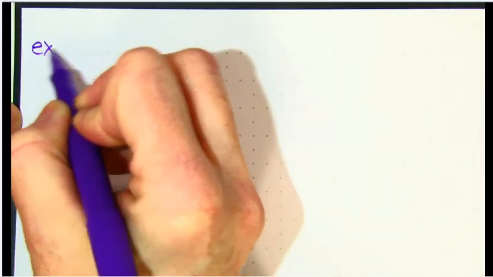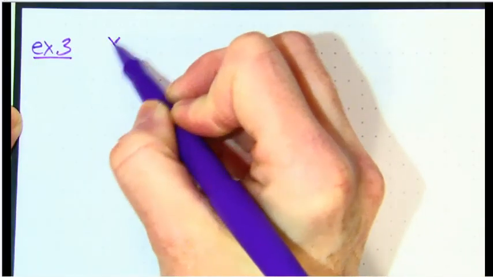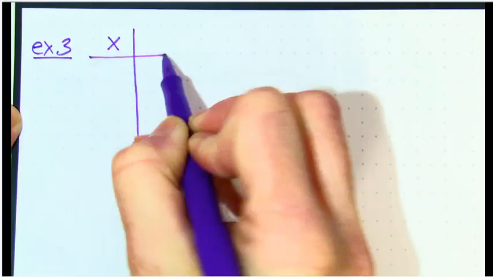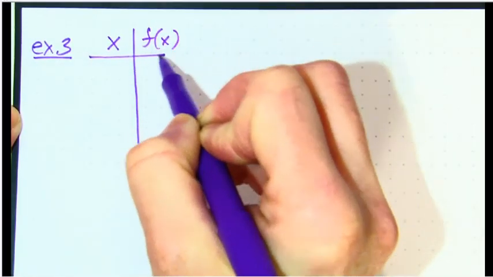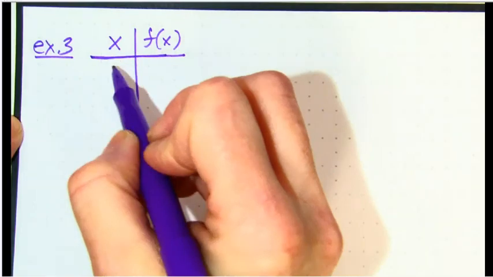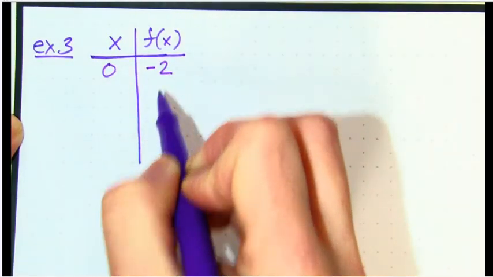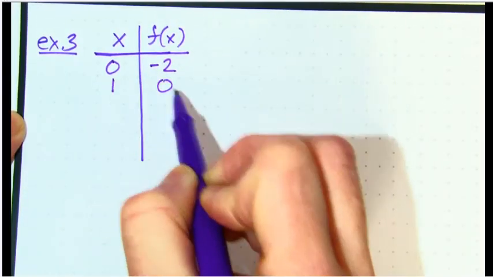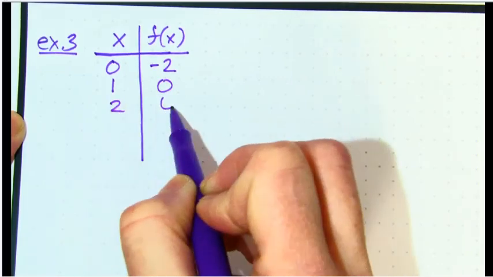Okay, so our next example, we're going to see the points in a table. So this would be like you collected data on something happening. So we have 0, -2, 1, 0, 2, 6.